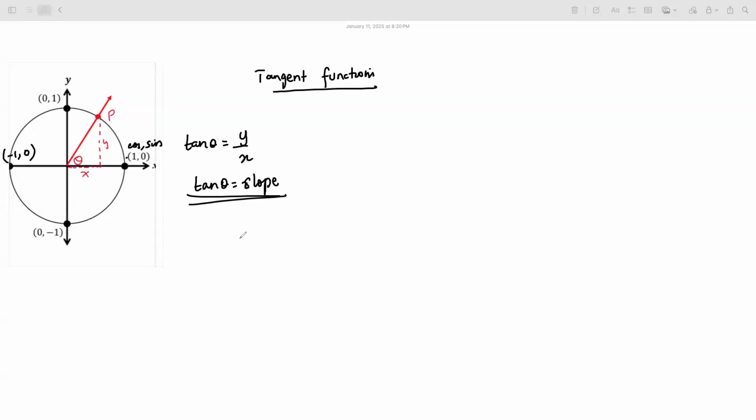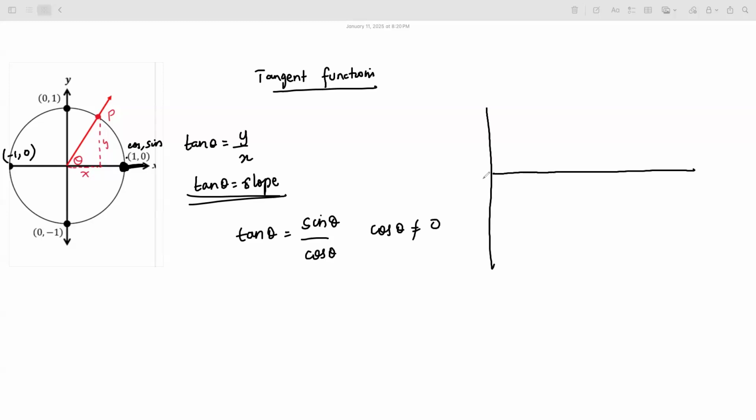So tan theta is sine theta by cos theta. Cos theta is never 0. If it is 0, then it becomes undefined, right? Now, so tan 0 starts from what value? Tan 0, at this point, what is the tan value? What is the tan value, guys? I'm going to graph this, that's why I'm asking. Tan theta starts at what?